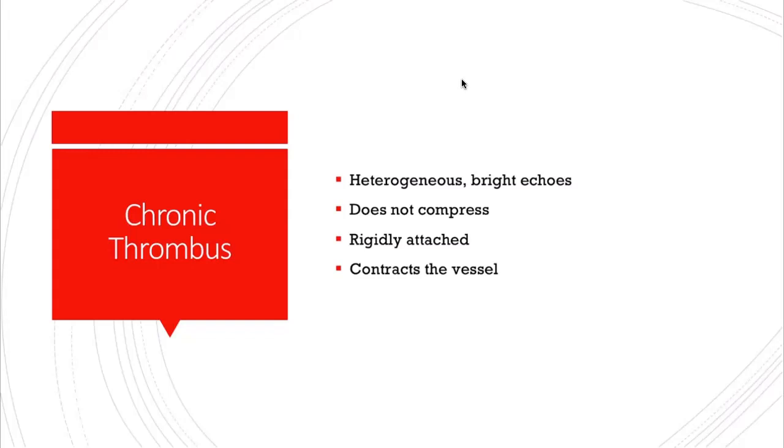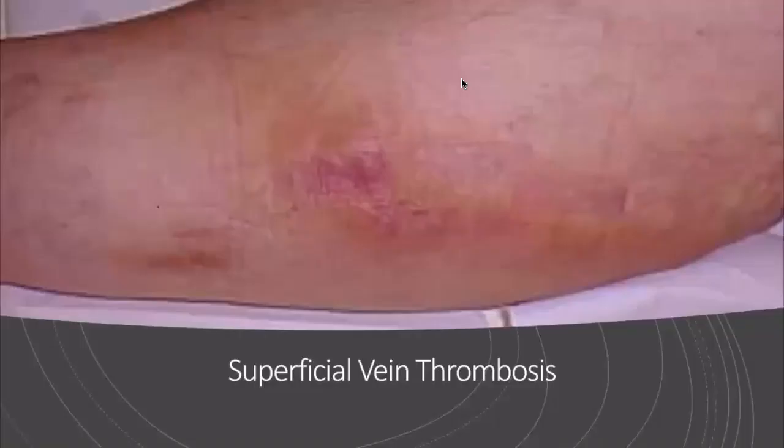The difference is, obviously it'll be non-compressible. There will be echogenic material filling the lumen. The difference is that you can see it from the outside, and that's because it's located in the superficial veins. So on page 427, SVT is usually diagnosed clinically with a painful superficial cord and surrounding erythema, which is redness of the skin.